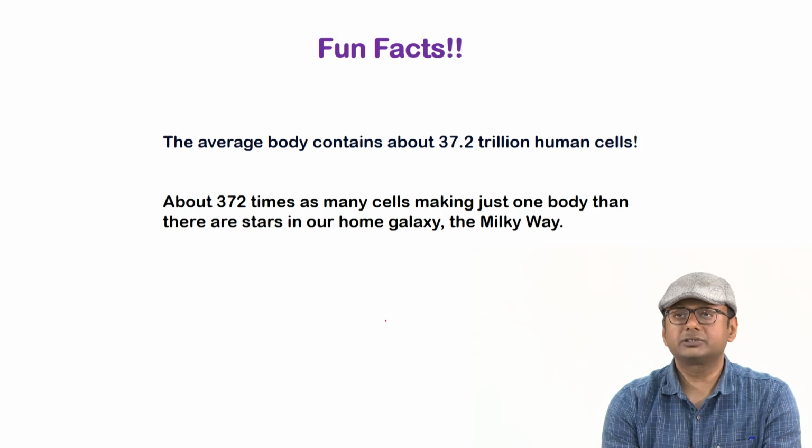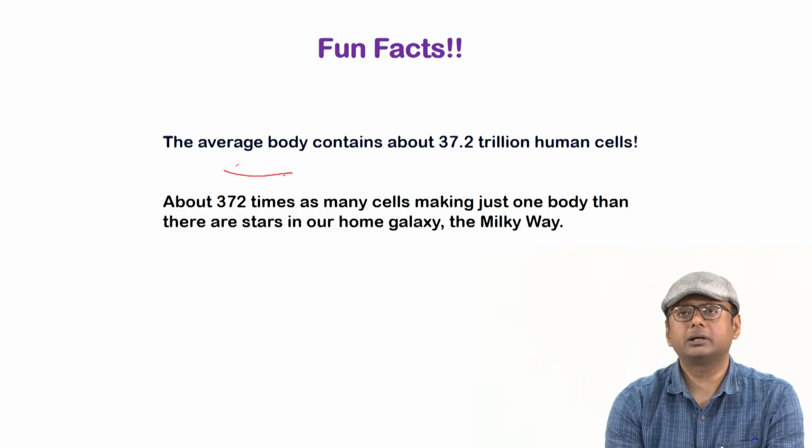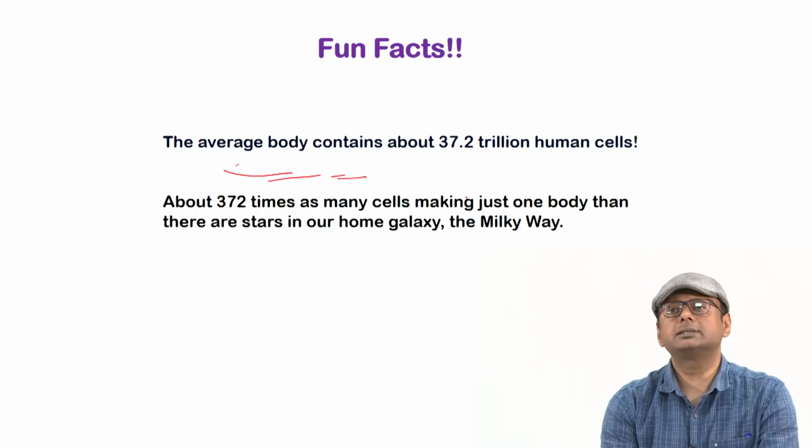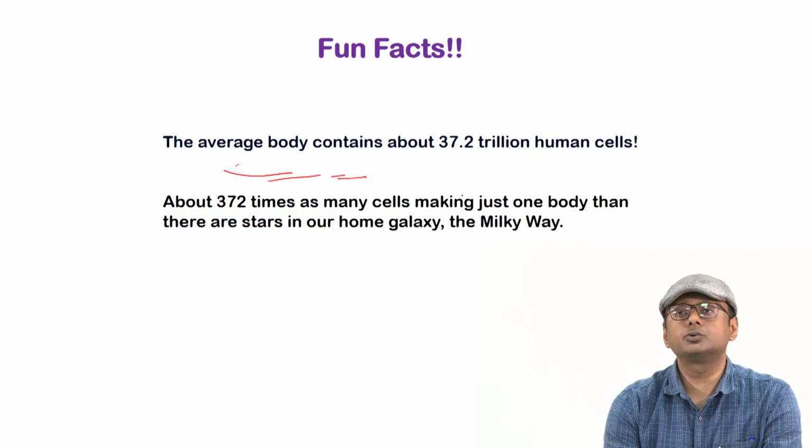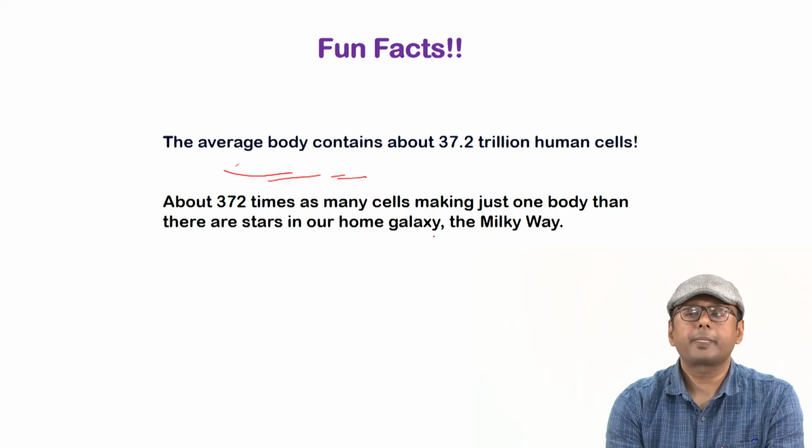So some fun facts finally. Our body on average contains about 37.2 trillion human cells. You can imagine the huge number of cells present in our body, right? So this is a really interesting thing.